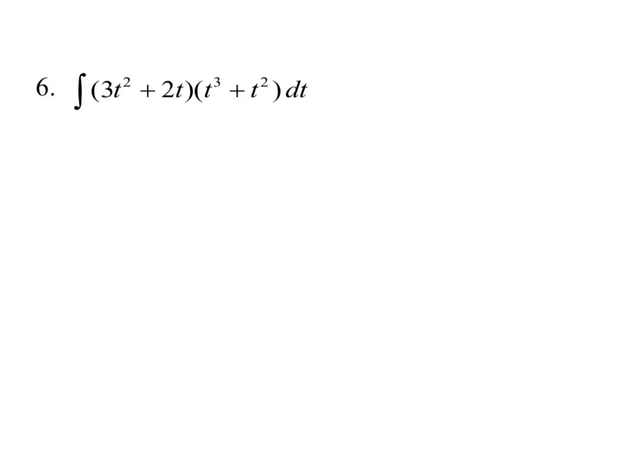There's not anything extra. The derivative of this is this. So here's the proof of it. The derivative of t to the third plus t squared is 3t squared plus 2t, which is this.